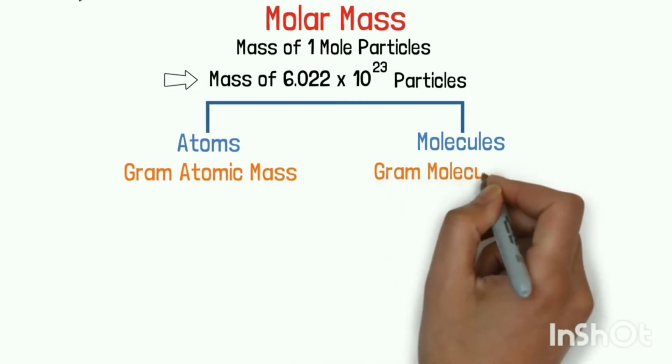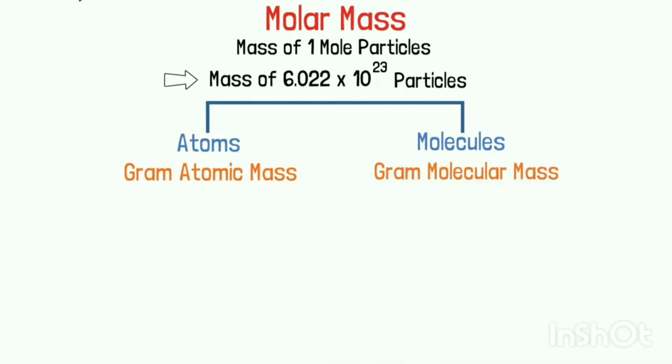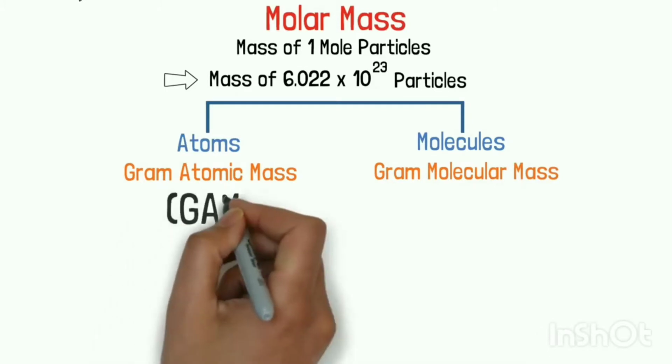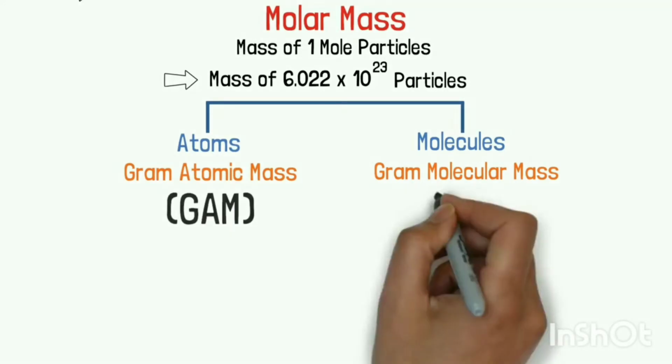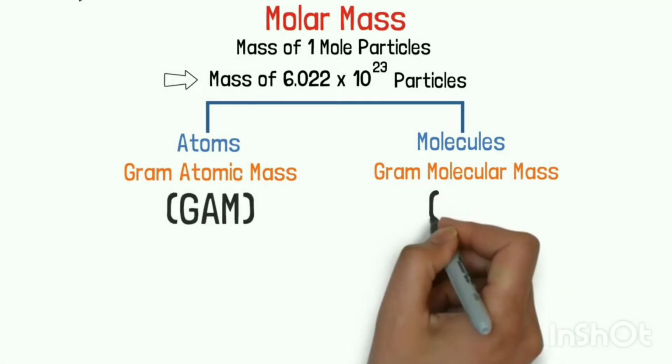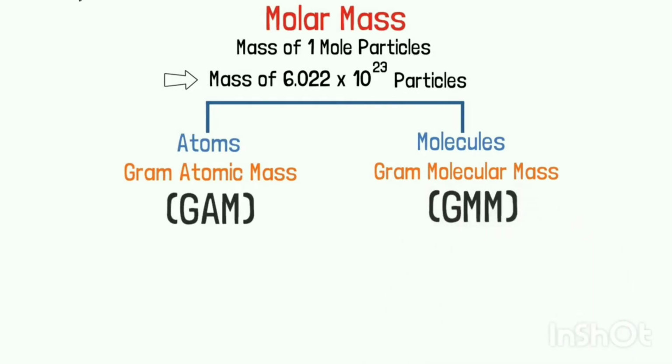While if we are talking about 6.022 into 10 raised to power 23 molecules, then it is said as gram molecular mass. So we can classify molar mass as gram atomic mass, which is abbreviated as GAM, and another one is gram molecular mass, which is abbreviated as GMM.